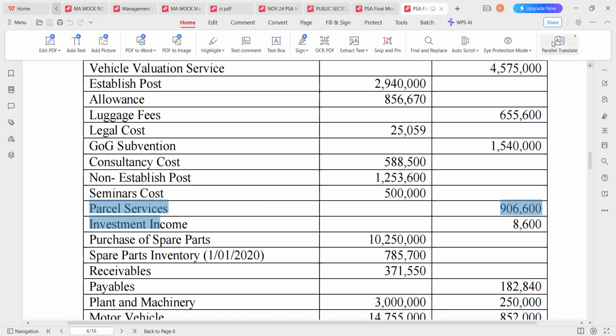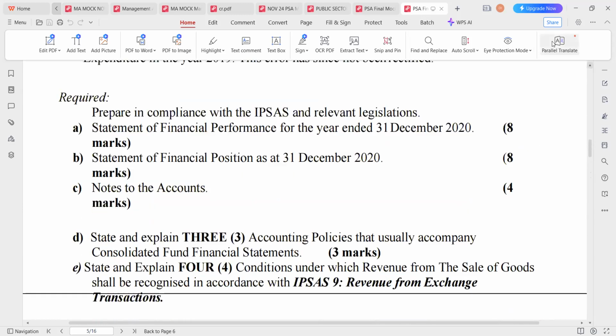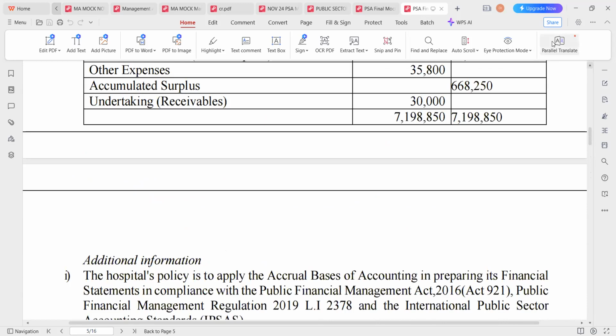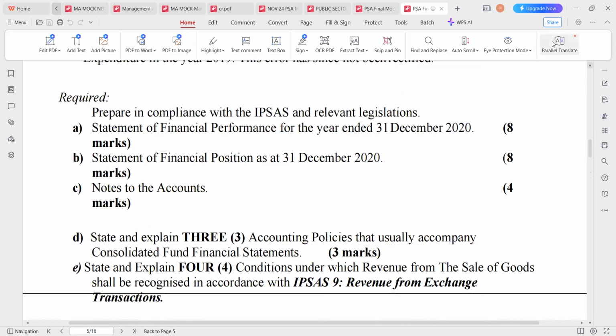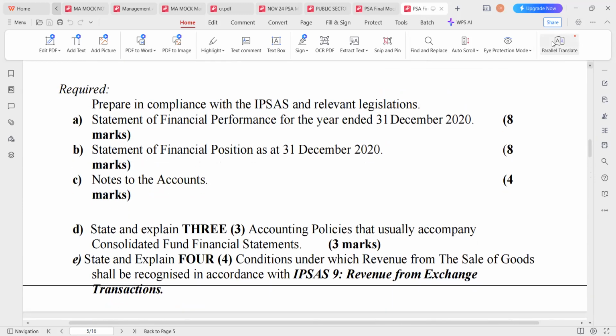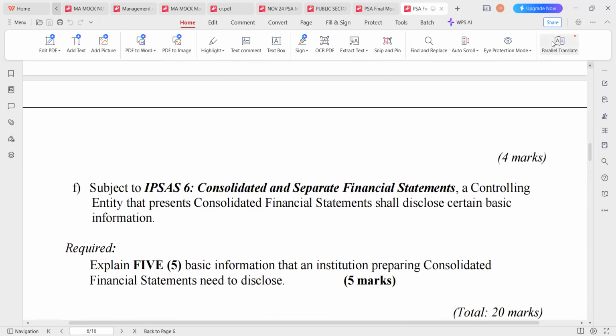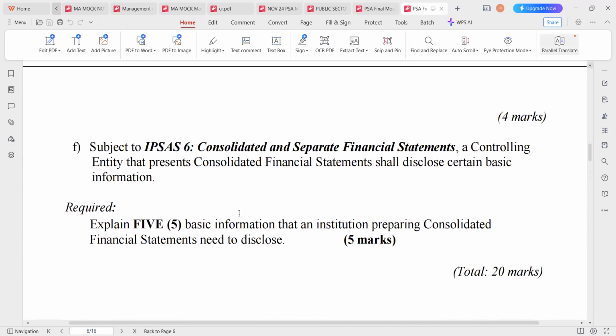Before question 2. Yes, this one, F. Explain 5 basic information that an institution preparing consolidated financial statements needs to disclose.